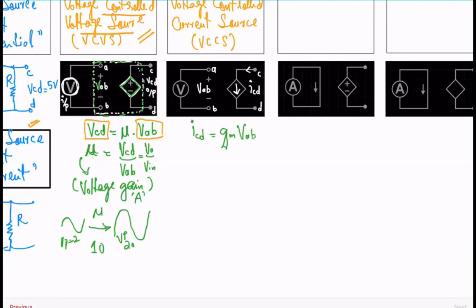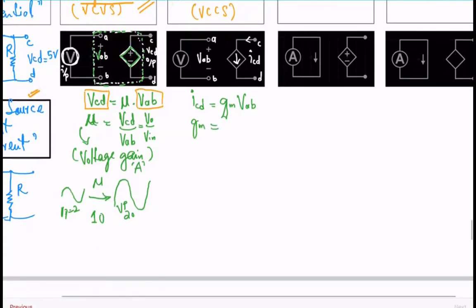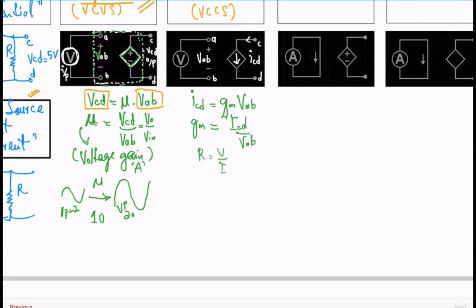Okay, and I'll tell you how I get that. Before I play around with this equation to get the expression for GM, GM equals ICD over VAB, correct? Now, from Ohm's law, you got R equals V over I, right? What is conductance? Conductance is basically 1 over R, right?